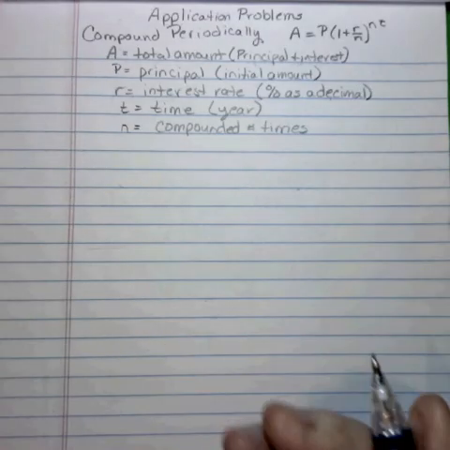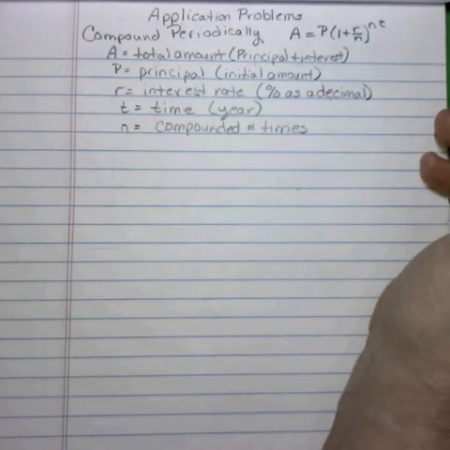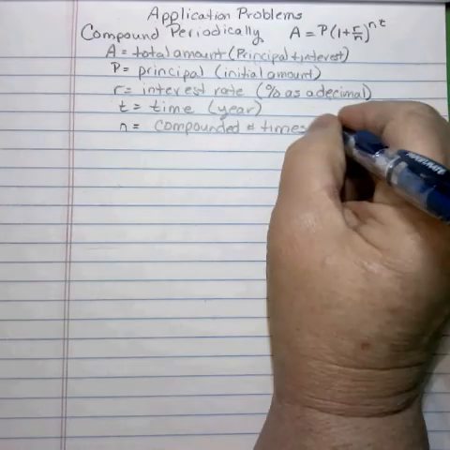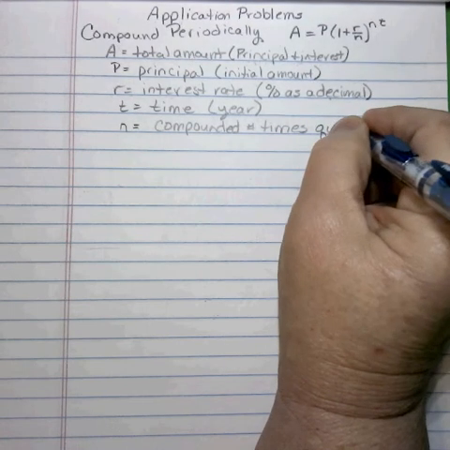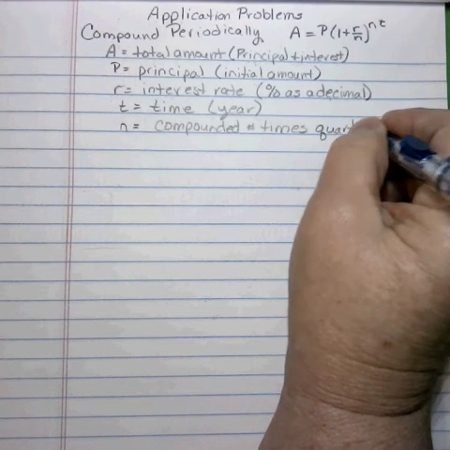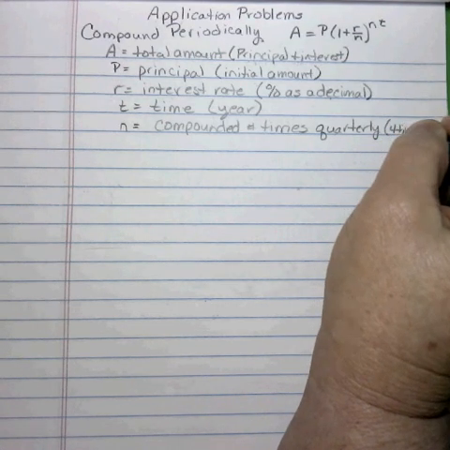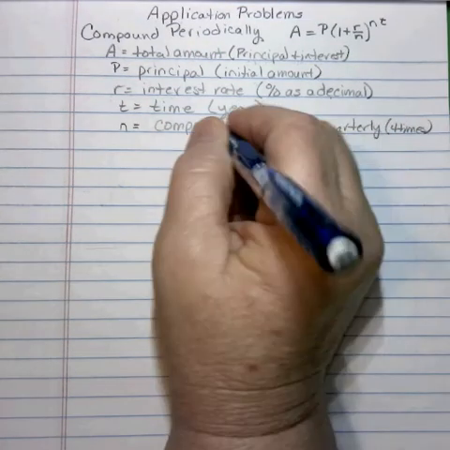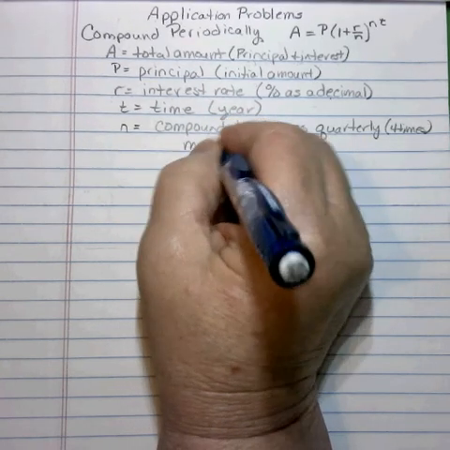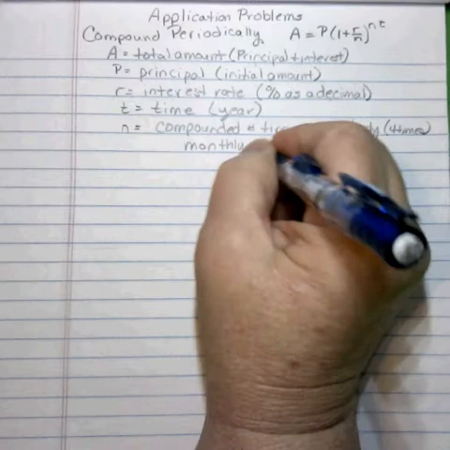So this usually depends on the institution that's providing this. So you will see quarterly, that is 4 times a year. If we have monthly, of course, that means 12 times.